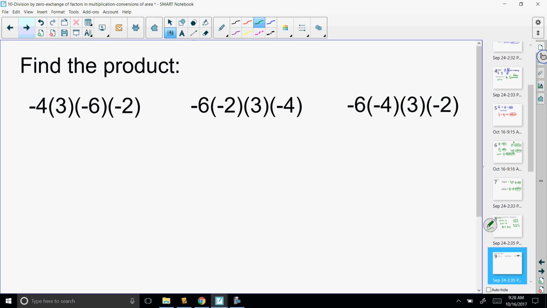Answer? Volunteer? Negative 144. Wait, what? Wilson, what method did you use? What way did you switch them around? And then you multiplied?